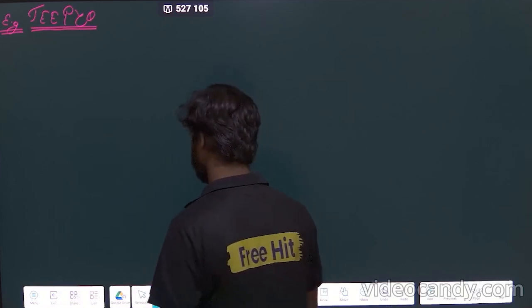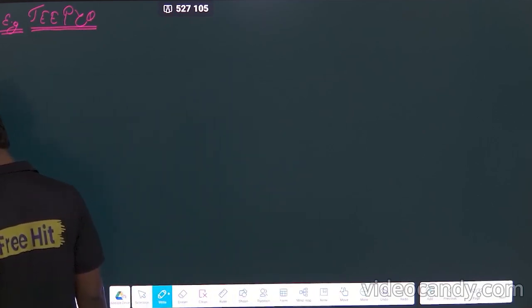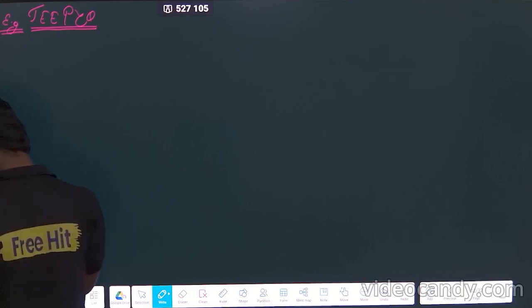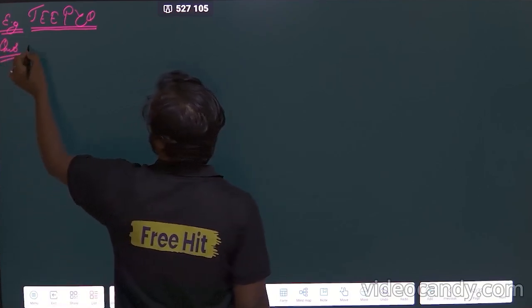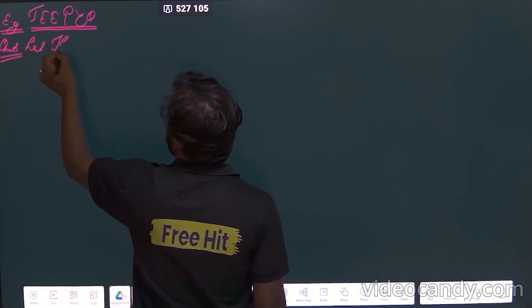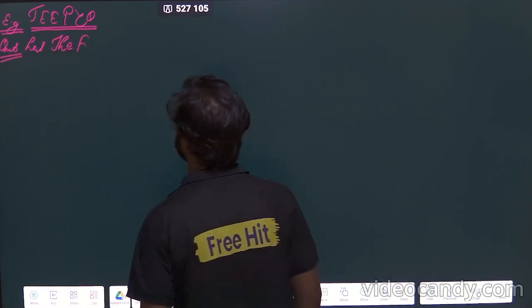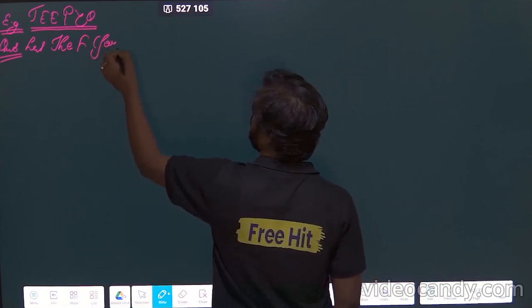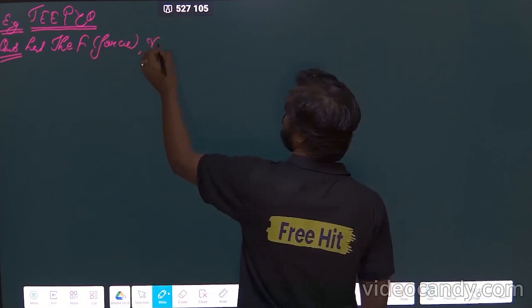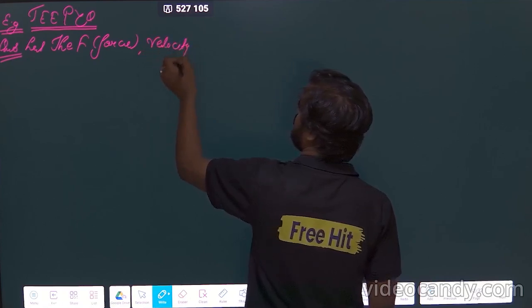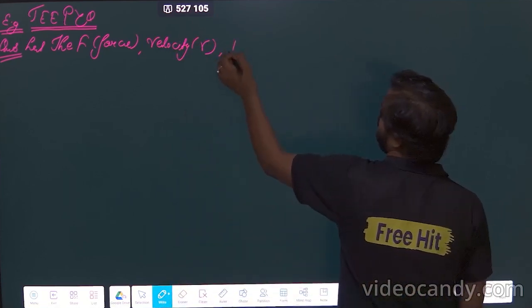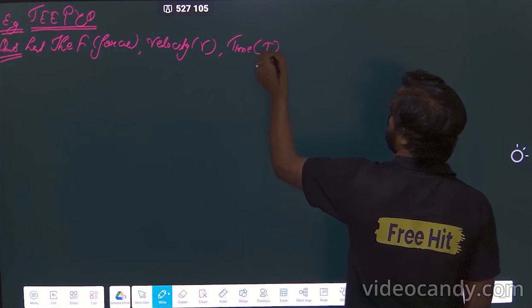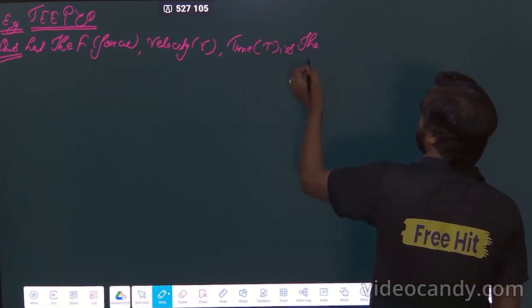The question says: let F, that is force, velocity, that is V, and time be the fundamental quantities.